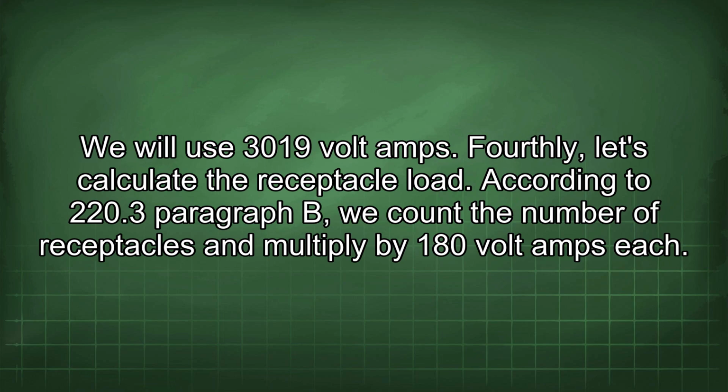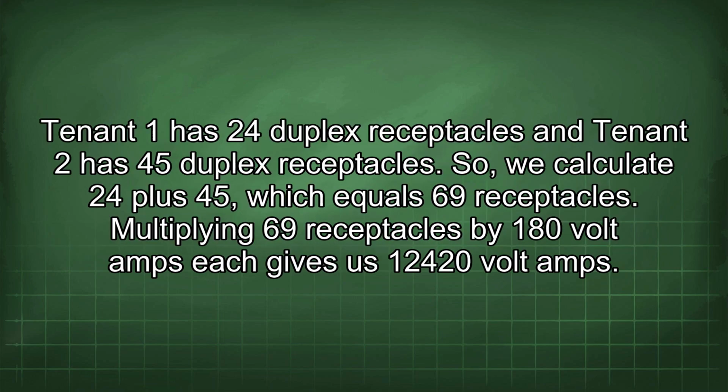Fourthly, let's calculate the receptacle load. According to 220.3 paragraph B, we count the number of receptacles and multiply by 180 volt-amps each. Tenant 1 has 24 duplex receptacles and tenant 2 has 45 duplex receptacles. So, we calculate 24 plus 45, which equals 69 receptacles.